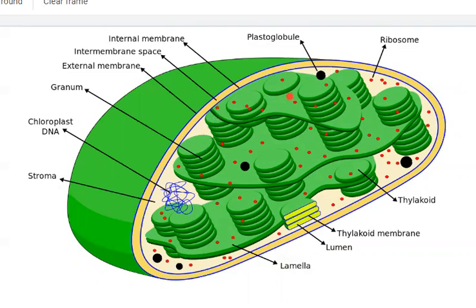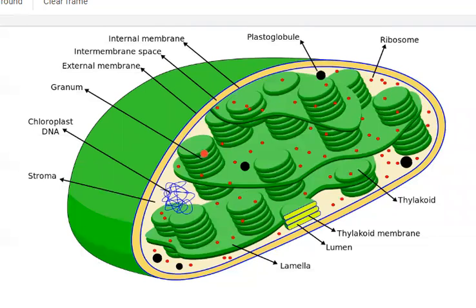And within the membranes is what we call the stroma. Within the stroma, you have many things embedded in it. You have the chloroplast DNA, as you can see here, and then you have the thylakoids.